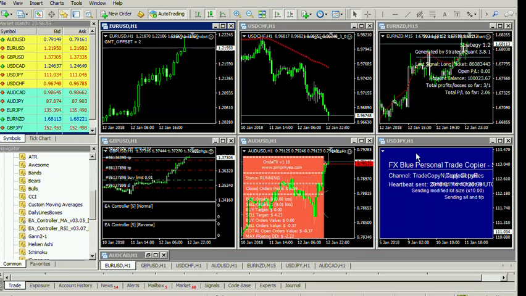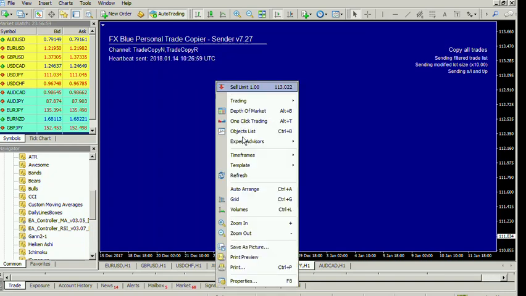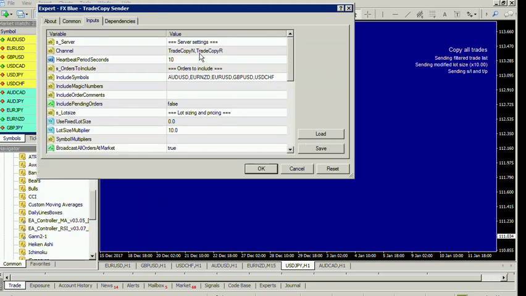And I've got the ForexSkills trade copier sender, and let me quickly show you just one important setting. So it's copying all trades from all the 5 EAs that I have, and the important thing to note is that we're running 2 channels from this particular sender, one to a trade copy receiver N and one to trade copy receiver R. If I open the properties, you can see that that's where you input the channel.